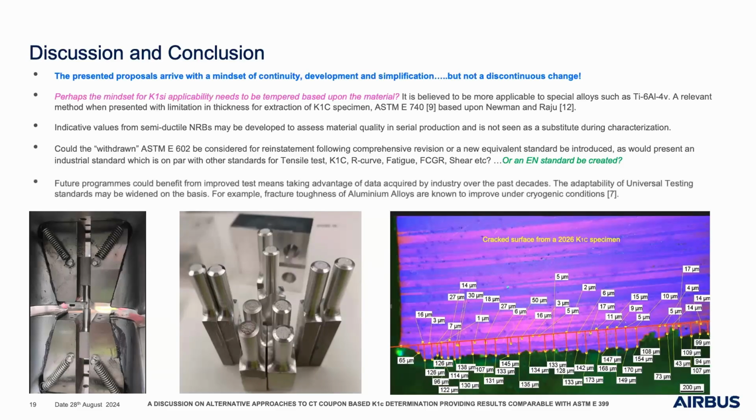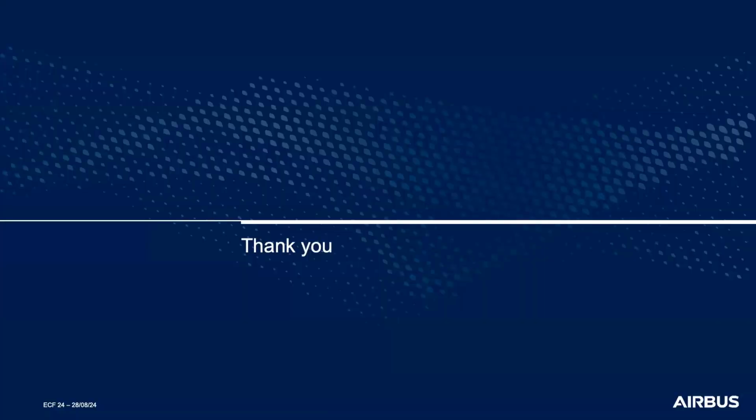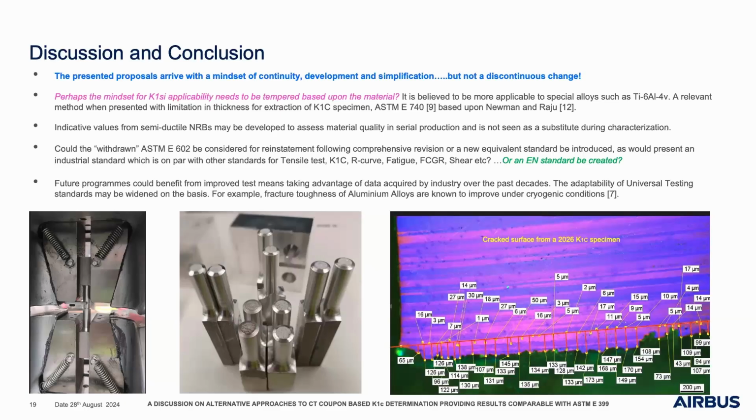We'd like to ask for your interest. Would anybody be interested in independently testing the concept of notched round bars and producing data for various materials for an equivalent to K1C? So basically perform it, produce it, test it, and compare it with a K1C value. Thank you.